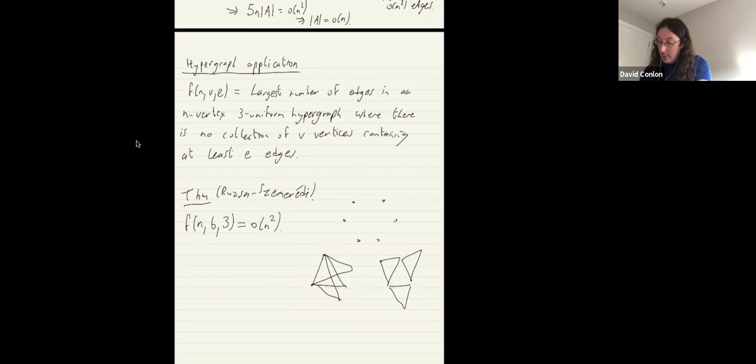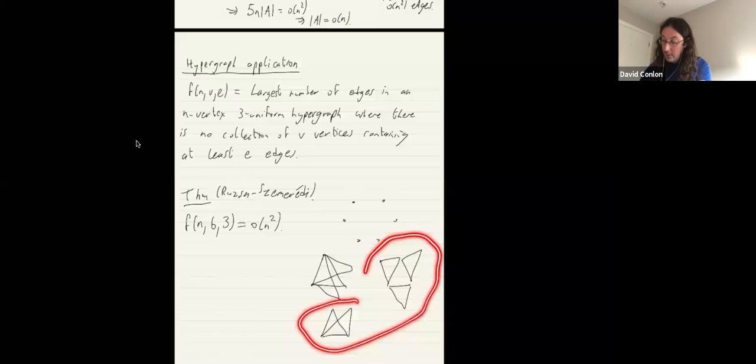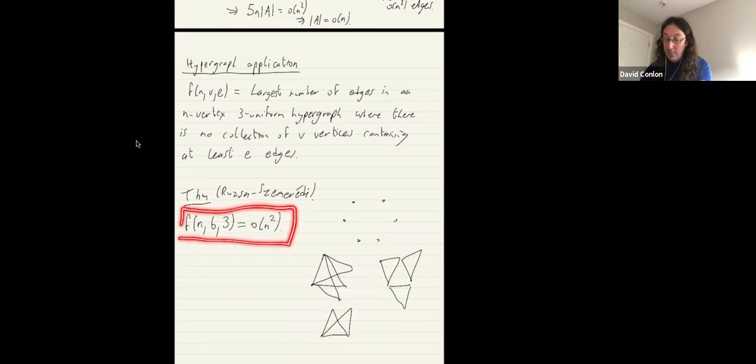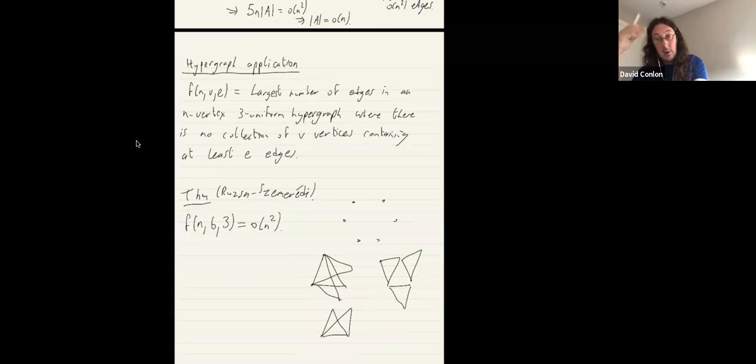If you boil this down, the thing that matters on this side is just that you ban having 2 3-uniform edges that share a pair. So if you ban both of these things, then you know that the extremal number, the maximum number of edges in a graph not containing either of these, is little o of n squared.